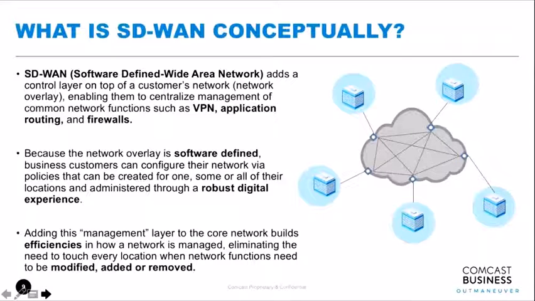I think when we talk about what SD-WAN is, everybody kind of knows that it's software-defined wide area networking. And if we look specifically at what people associate with SD-WAN, it's of course VPN, routing, and firewall. The thing that I can't emphasize loudly enough is that SD-WAN, unlike things like Wi-Fi or LTE or Ethernet or DOCSIS, even those common acronyms that you hear, have standards bodies behind them.